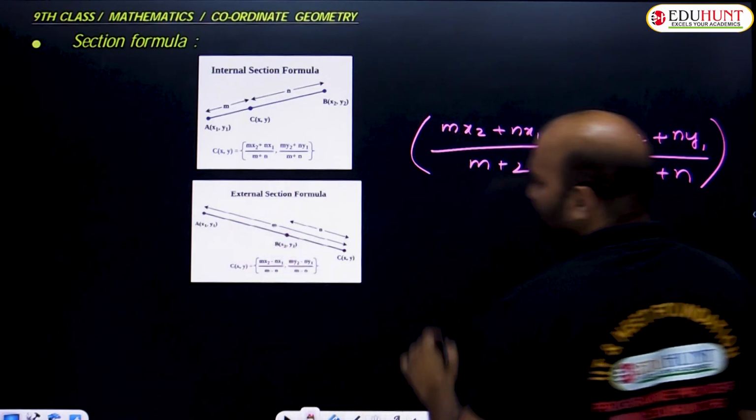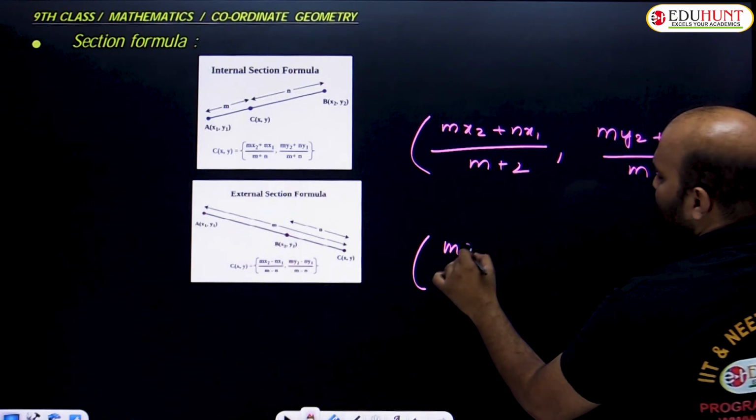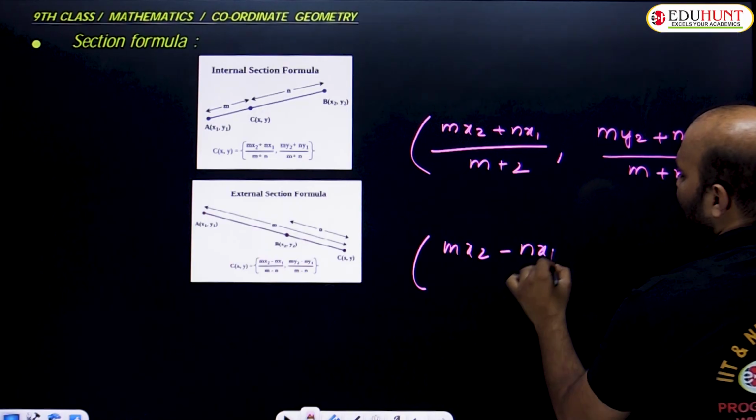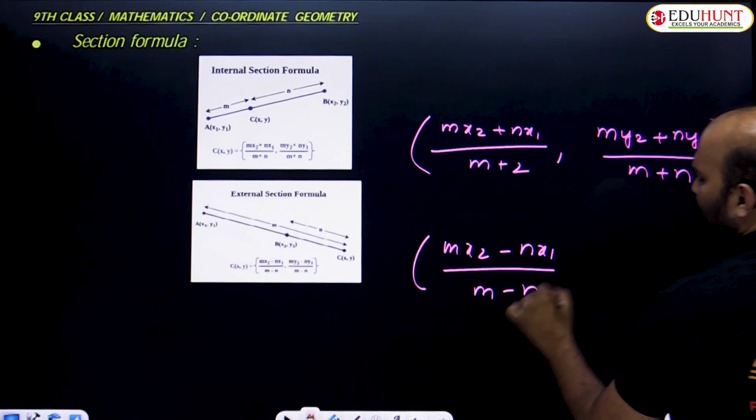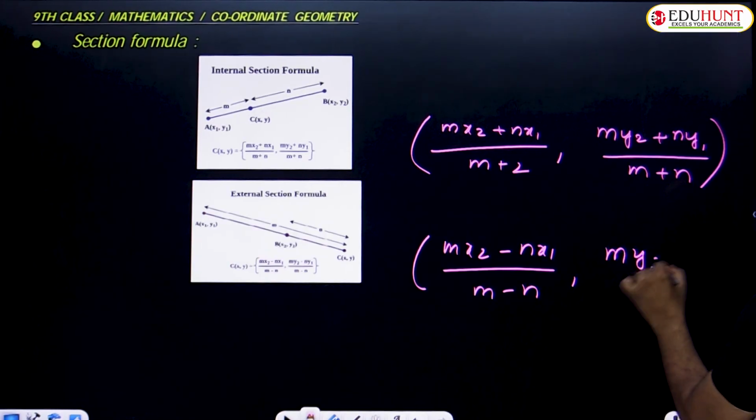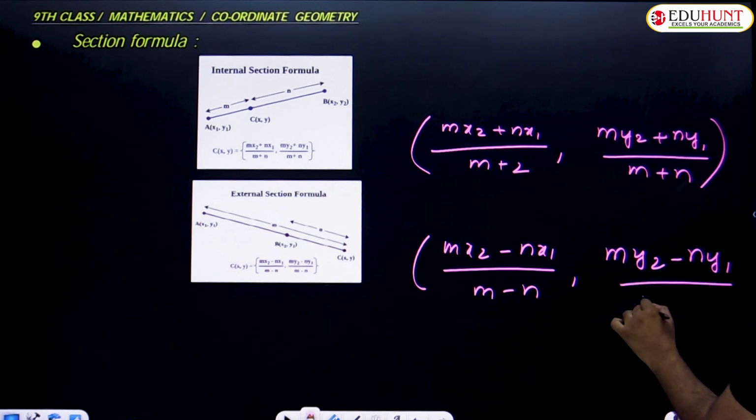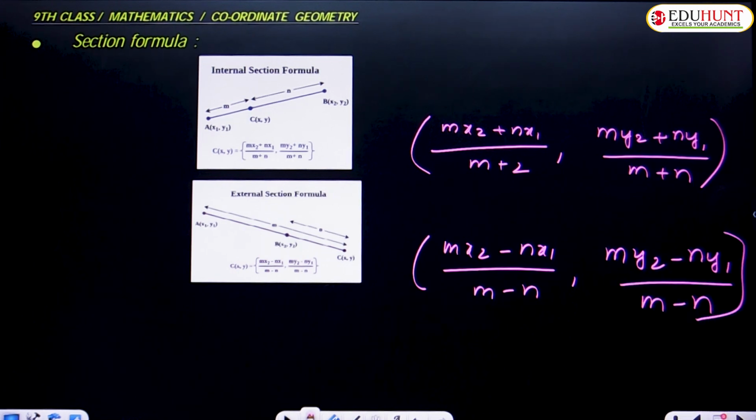That is the external section formula. What is the formula? (m x2 minus n x1) by (m minus n), comma (m y2 minus n y1) by (m minus n). This is the external section formula, very important.